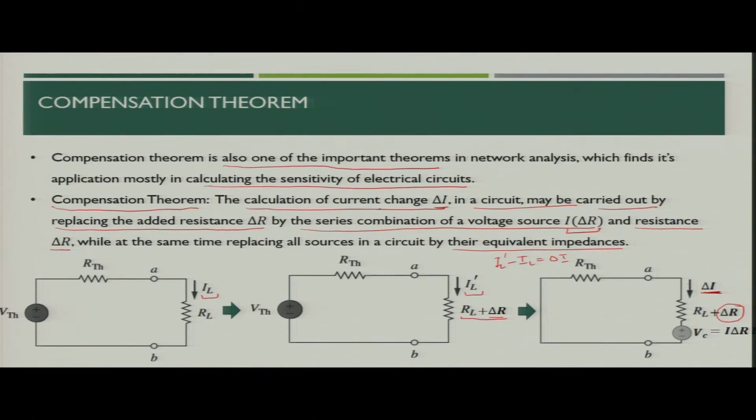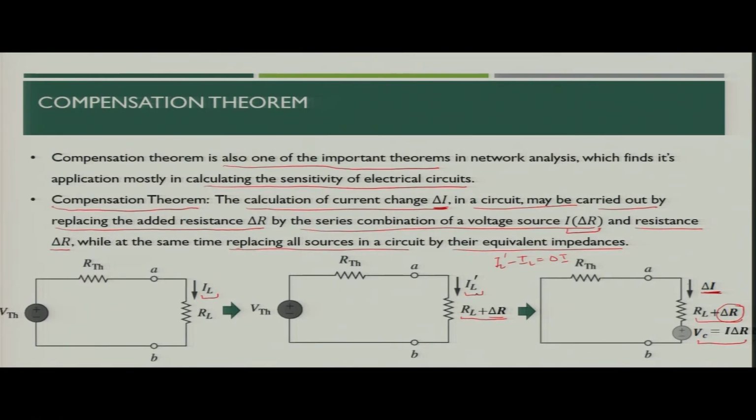So, it says that the calculation of current change delta I in the circuit may be carried out by replacing the added resistance delta R by a series combination of a voltage source I into delta R and resistance delta R. So, the original resistance RL stays intact, and RL plus delta R will be the updated resistance, while at the same time replacing all sources in the circuit by their equivalent impedances.